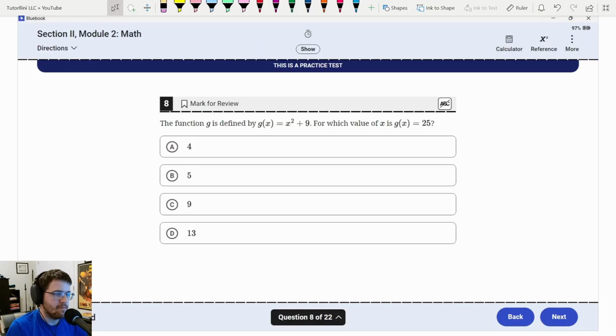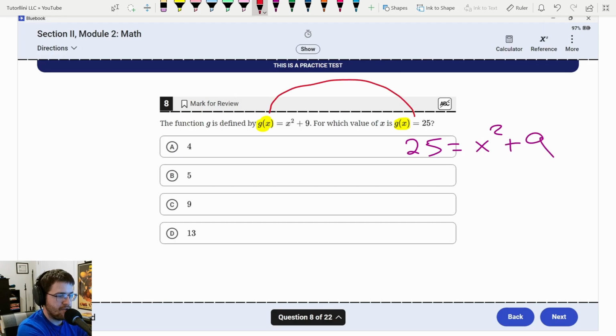Okay, question 8. So they tell me that g of x is equal to 25, so I'm going to take g of x and replace it with a 25. So 25 is equal to x squared plus 9. Again, very confusing. It's not asking you for g of 25. It's telling you g of x equals 25, not the same thing.